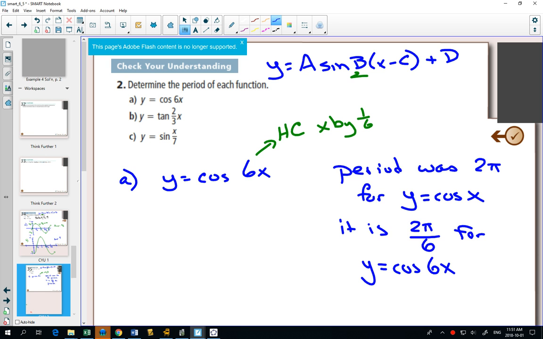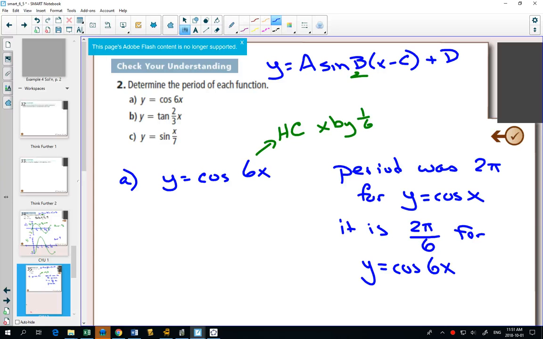Our period will be 2 pi divided by 6 for y equals cos 6x. And you could reduce that to pi over 3 if you wanted to. But for right now, I'm just going to leave it as 2 pi over 6.